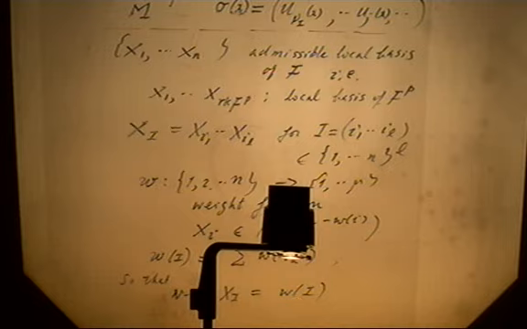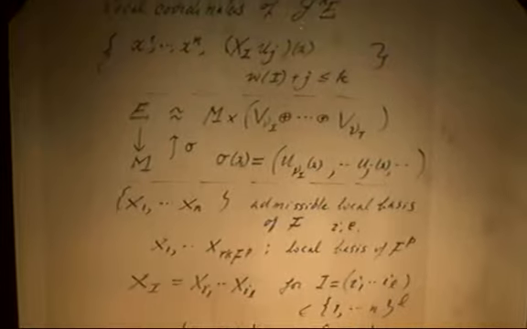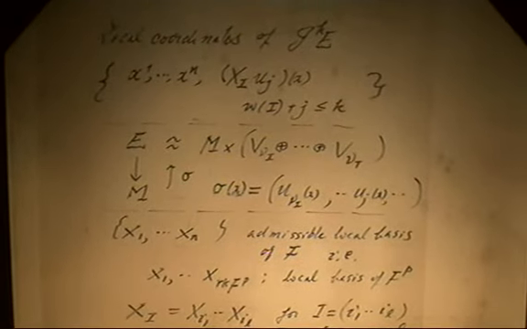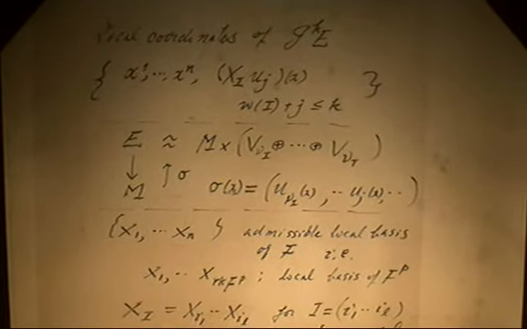Okay. So in these notations, the local coordinate of our weighted jet bundle is nothing but the local coordinate of M with X^I u_j.